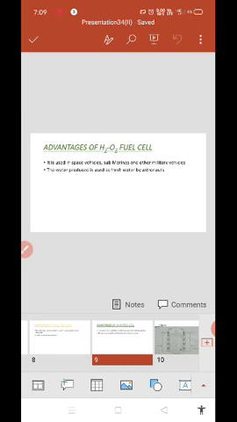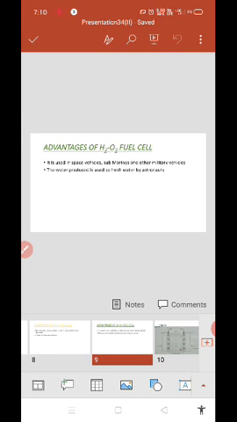Write any two examples of fuel cells. Can you give the answer? The fuel cells are the hydrogen oxygen fuel cell and the methanol oxygen fuel cell. Simply give this answer for the 1 mark questions. Otherwise, for a 1 mark question, write any two uses of fuel cells.